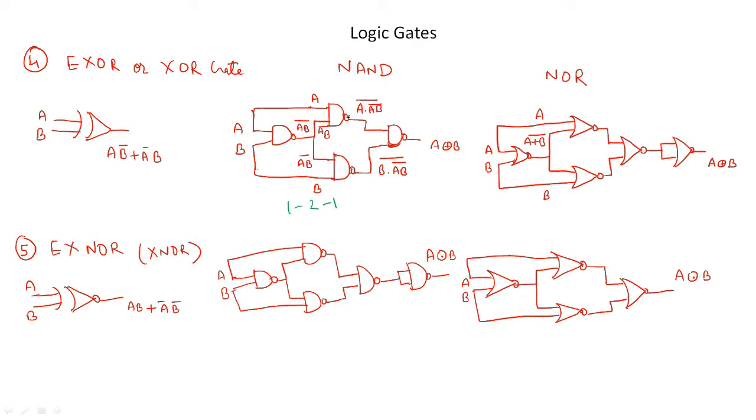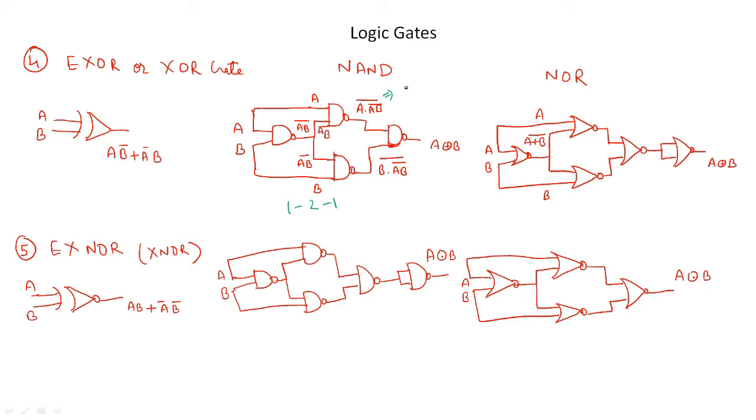Now, when we do the NAND operation of these two inputs, then we will have A dot AB whole bar, and here we will have B dot AB bar, whole bar. So this value, if you check, it is like (X.Y) whole bar.